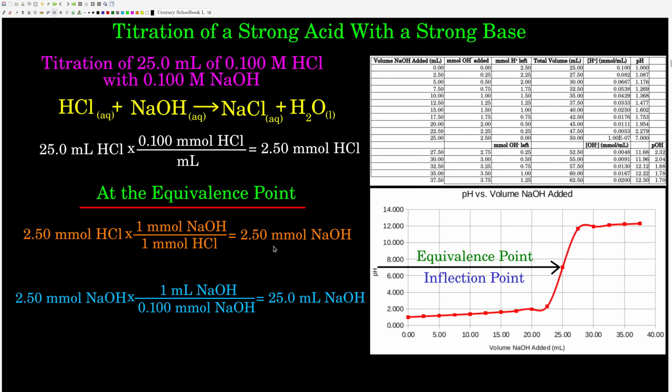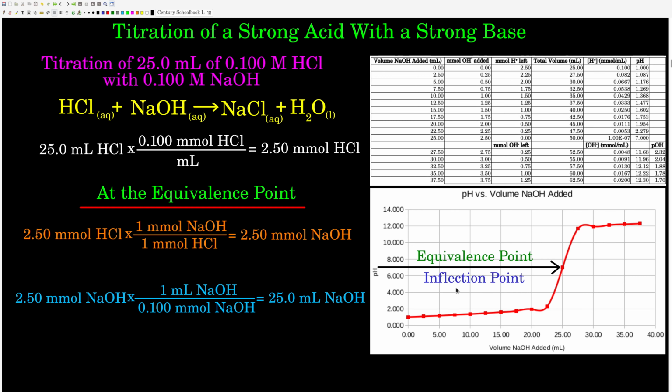But anyway, we see that we need 2.50 millimoles of sodium hydroxide to exactly use up all of that hydrochloric, and that gets us to the equivalence point. So going kind of backwards, if we need 2.50 millimoles of sodium hydroxide, and this is just the molarity upside down, 1 milliliter per 0.100 millimoles, we see that we need 25.0 milliliters of that sodium hydroxide solution.